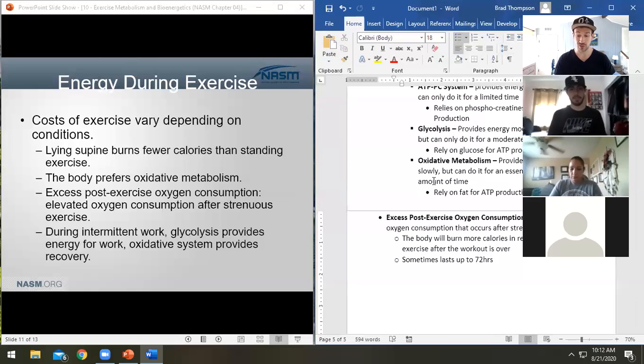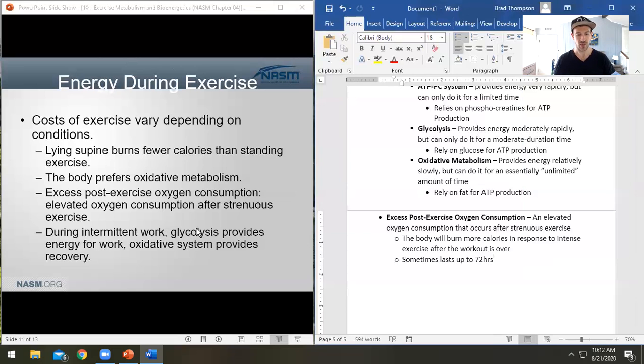So during intermittent work, right? Glycolysis will provide the energy for work, and your oxidative system will provide the recovery.